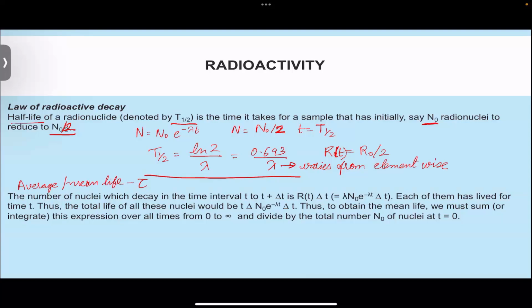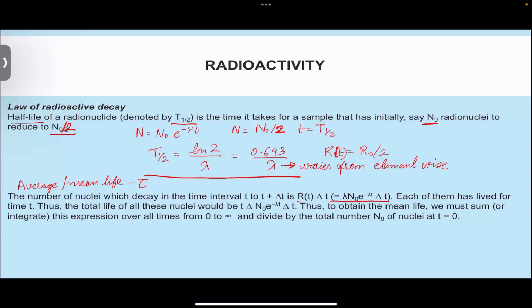The number of nuclei that are going to decay in the time interval from t to t plus del t, where del t is the interval, is R t del t, and that is equal to lambda n0 e to the minus lambda t del t. We are including both the law of radioactive decay as well as the one we saw for the rate of decay.